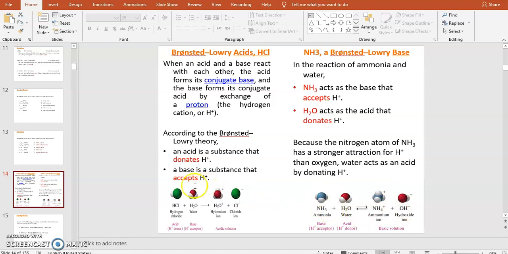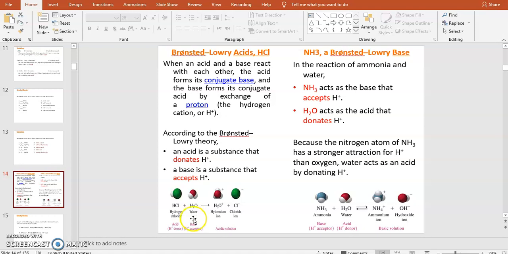For HCl, when you put HCl in water, this is what happens. The HCl gives away the H to the H2O. So this is a donor because it gives away H, and the Cl stays by itself, and the H2O becomes H3O.